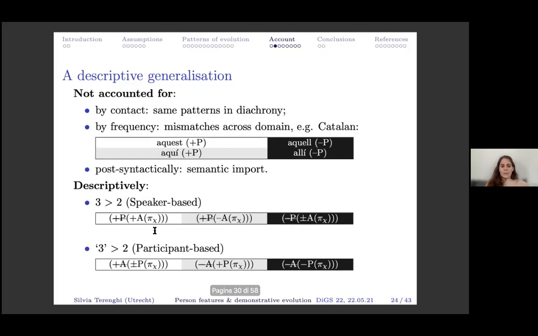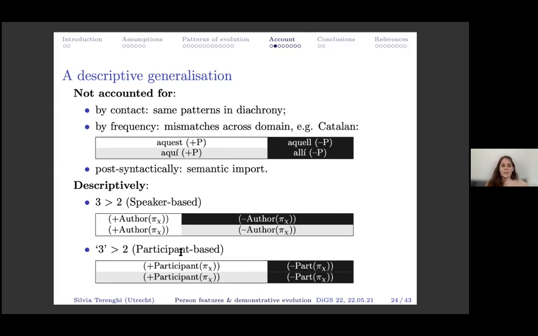But if then we lose the last feature to compose with pi high, so respectively plus/minus participant and plus/minus author, we get exactly the two binary systems that we saw, and we also allow for the morphological variation. And this, of course, begs the question: why would that be the case? Why would we lose a feature to begin with?